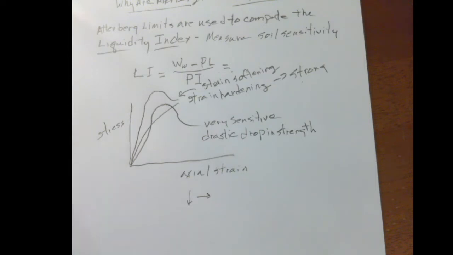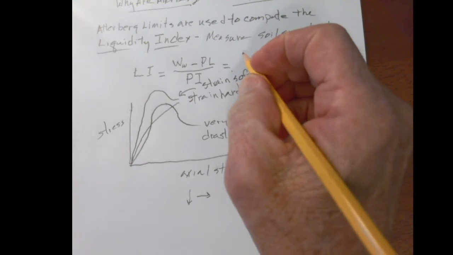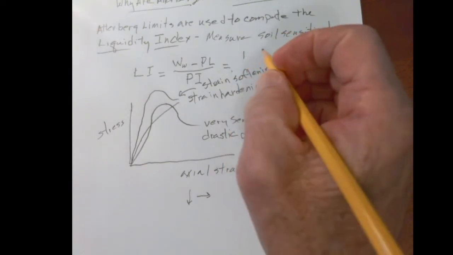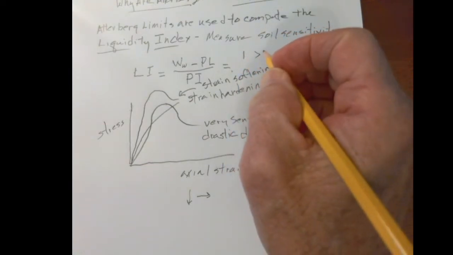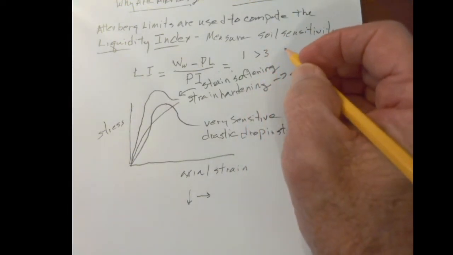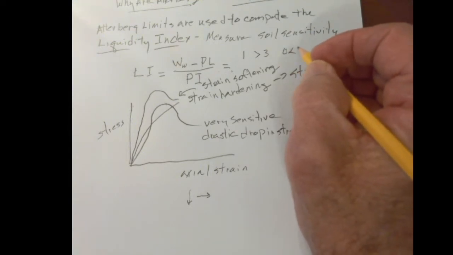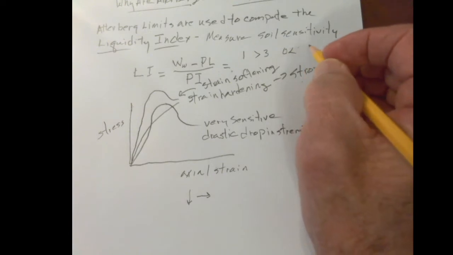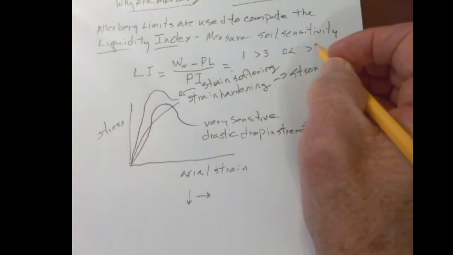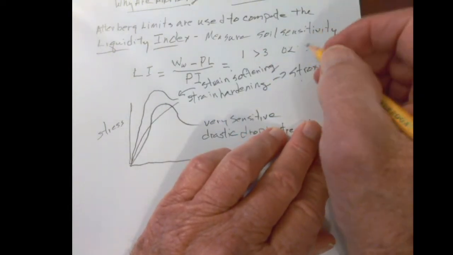Liquidity indexes, I meant to say this a while ago, are going to be like 1, maybe greater than 3, or between 0 and 3, something like that.